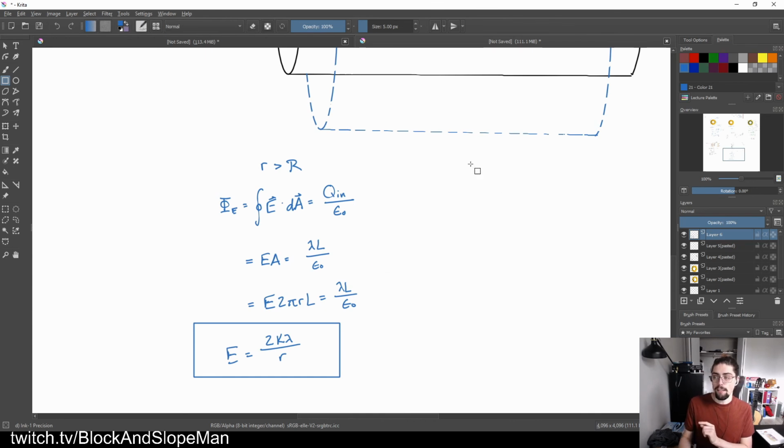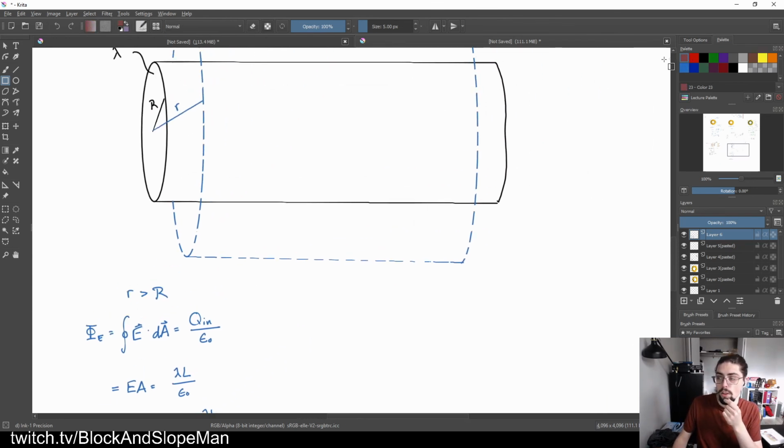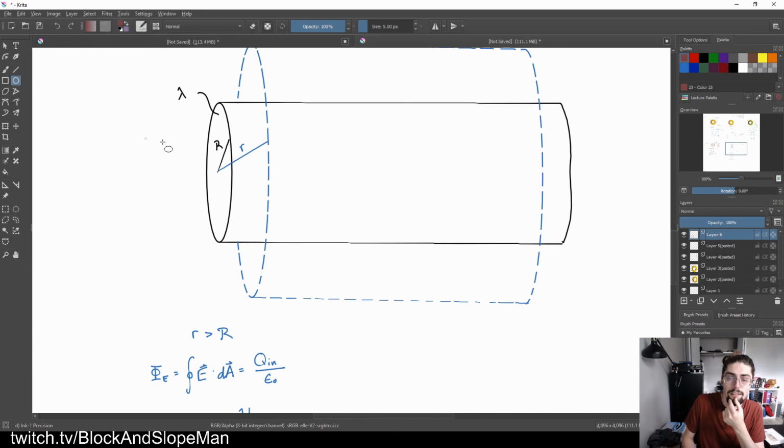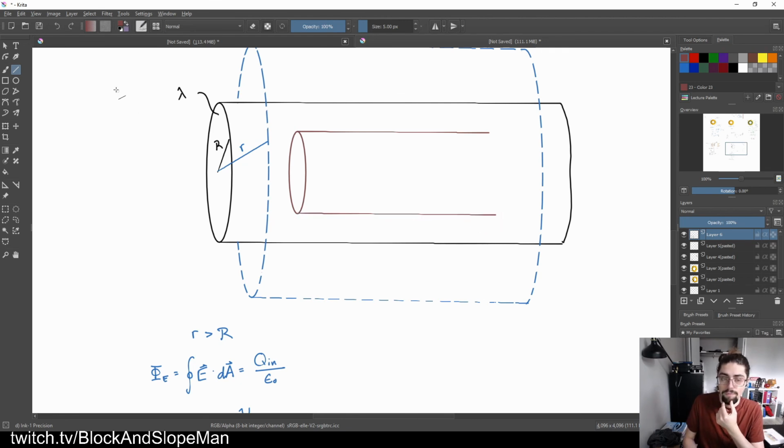Now, let's look at the other case, where this becomes a little bit weirder. I'm talking, of course, about when we are dealing with a cylinder inside of my object. So I'll go ahead and draw this thing out. And again, I want to make the dotted lines here because I want to make it clear that I'm not dissecting the wire and placing another cylinder inside of it, right?